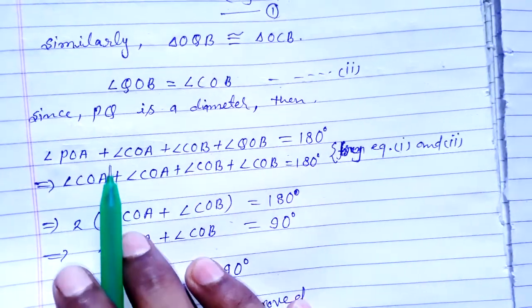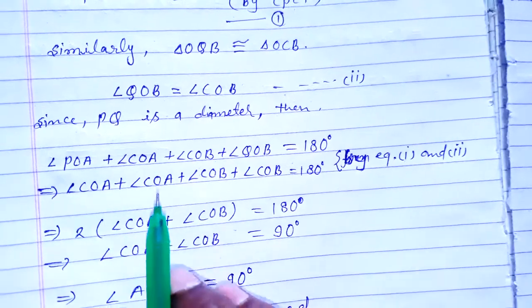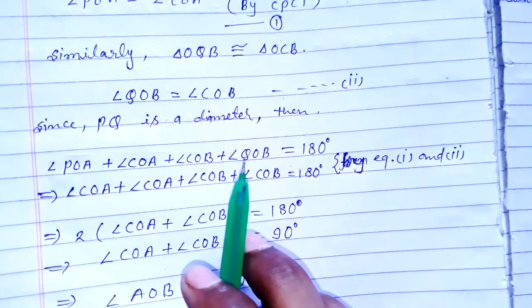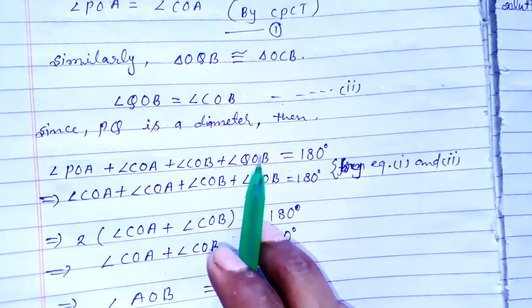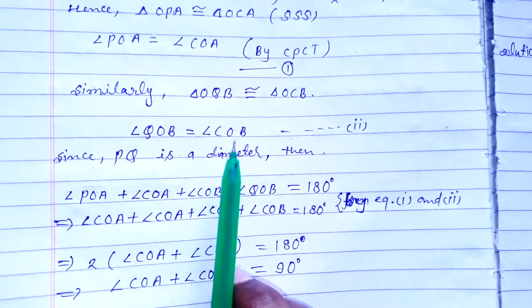So this is angle COA and this is angle COB; here QOB is COB.